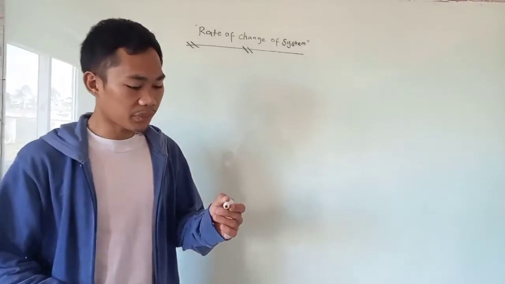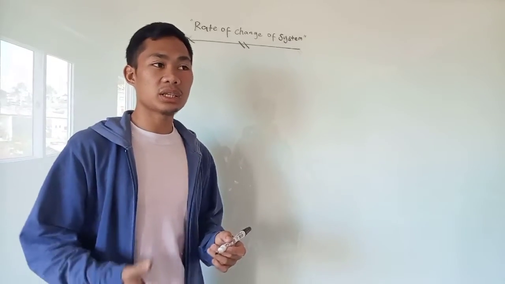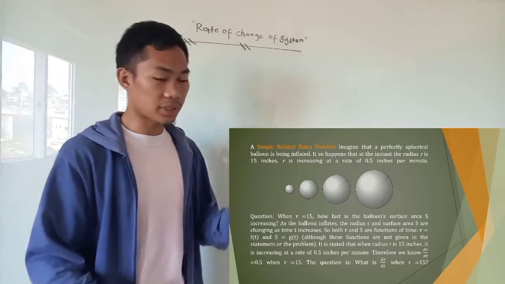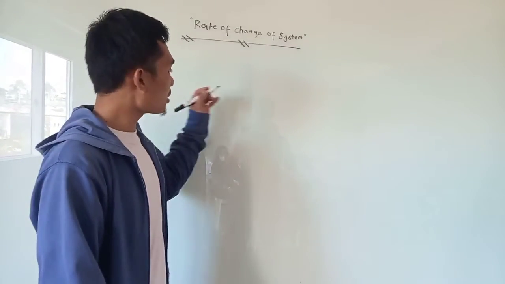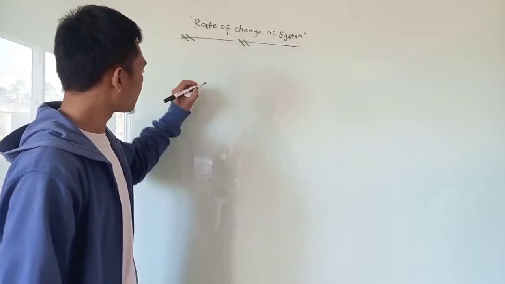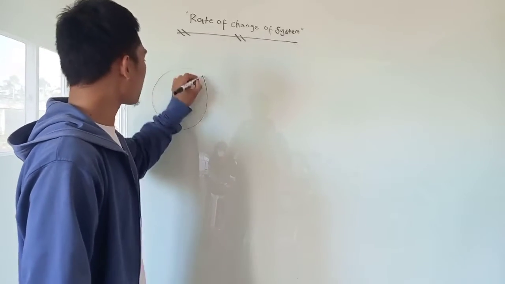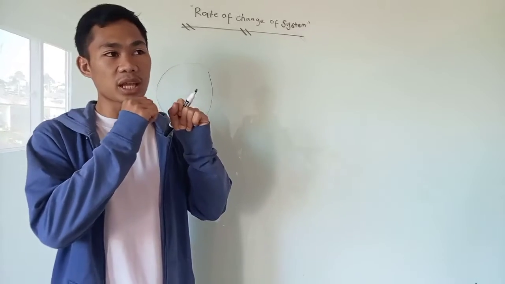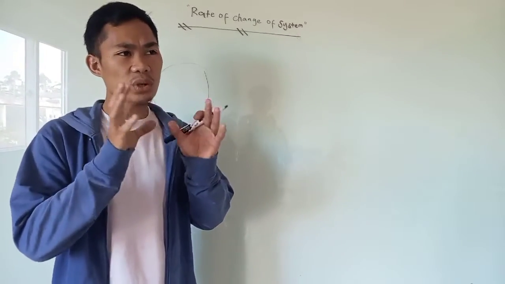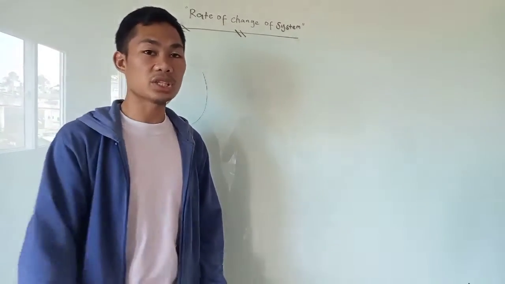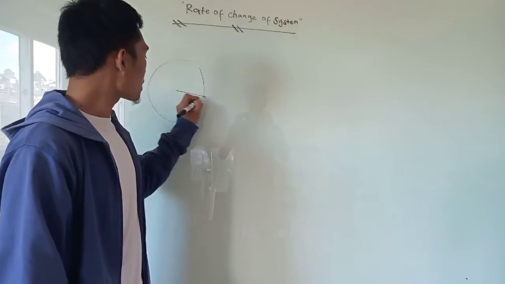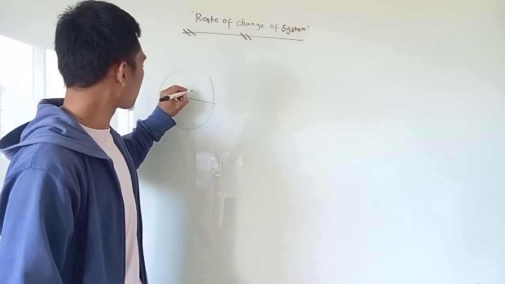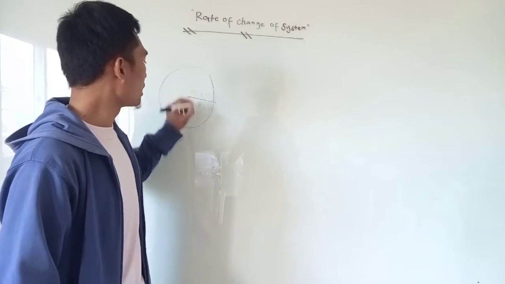Refer to the illustration in the presentation. Suppose there is a perfectly spherical balloon that you start to inflate, and then its radius becomes 15 inches.